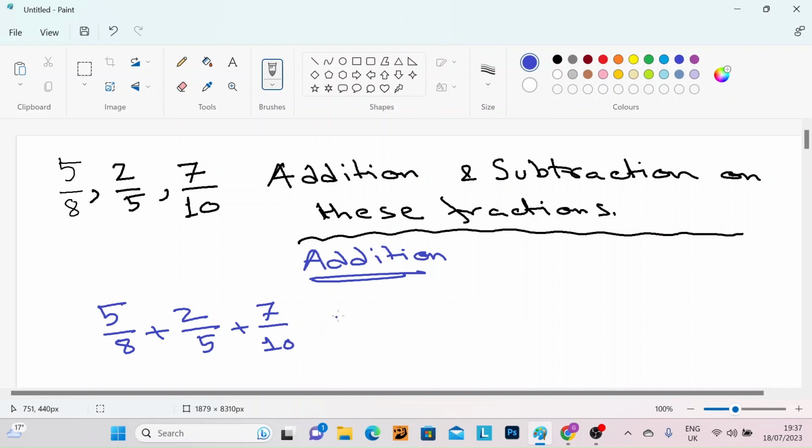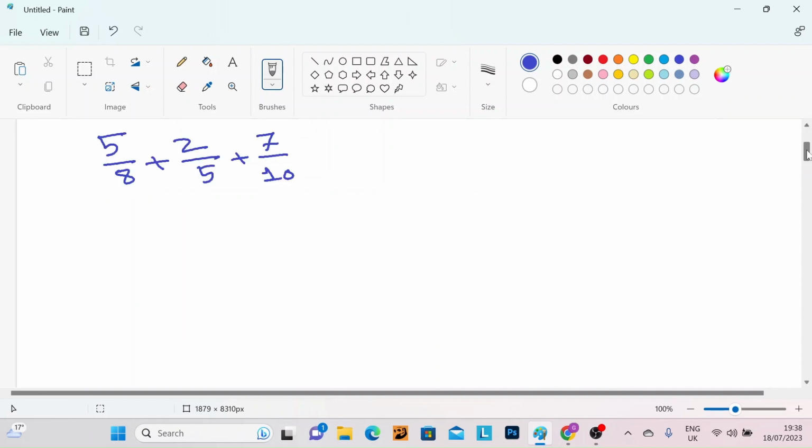In order to add these fractions, we need to find the lowest common multiple or LCM of the denominators of the fractions. The denominators are 8, 5 and 10. If we start factorizing 8 by the prime number factorization method, we get 2, 4, 2, 4.